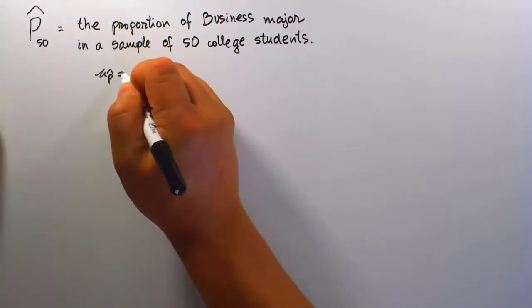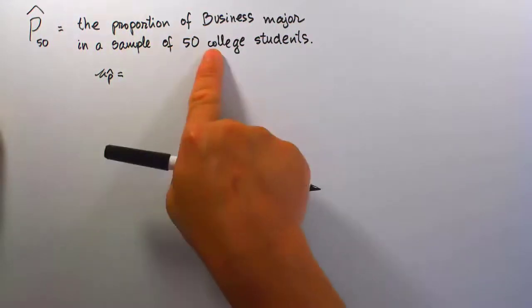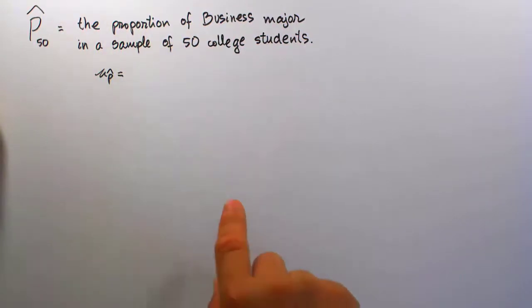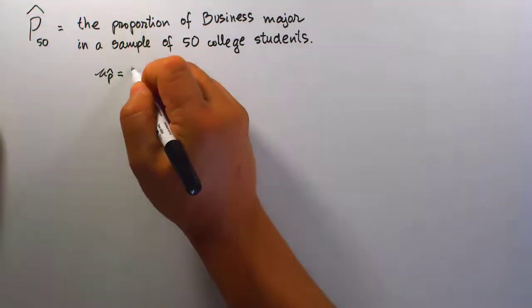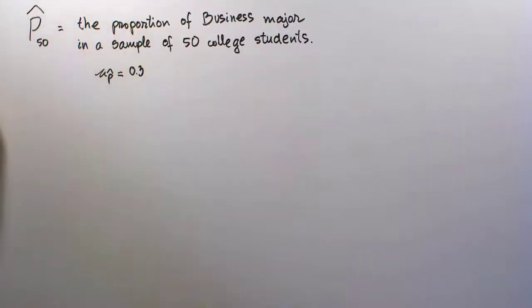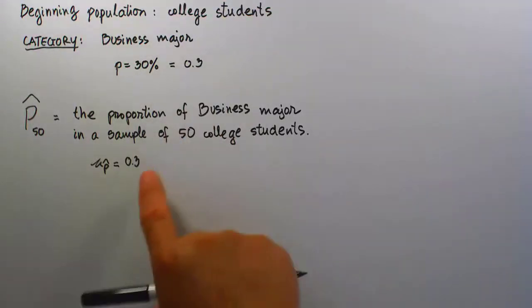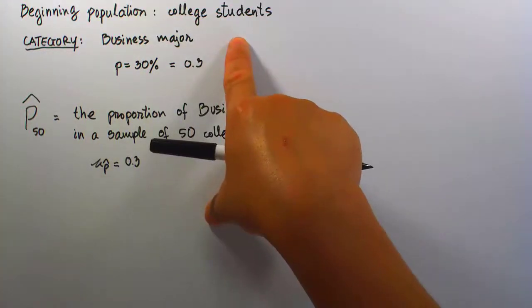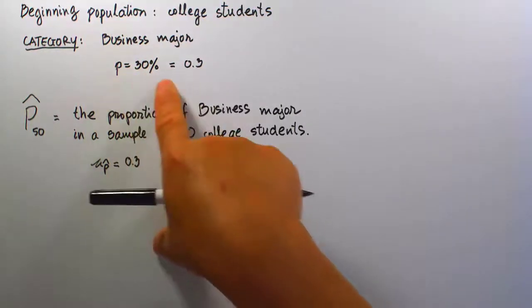The central limit theorem, as we have seen, guarantees that, since we're still drawing samples out of the population that we already knew about, with the known population proportion, this mu p hat is once again equal to 0.3. So we're still drawing samples out of this beginning population where we already had a known population proportion of 30%, or 0.3.